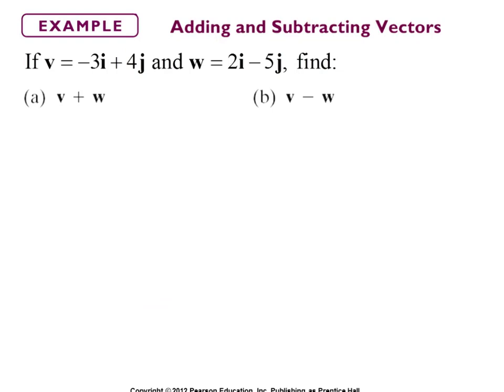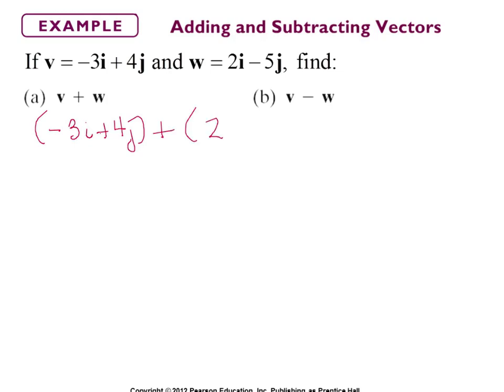Let's just do this. It says if v equals minus 3i plus 4j and w equals 2i minus 5j, find v plus w. So Damien, how do I find v plus w here? Yeah, I just add them, exactly.